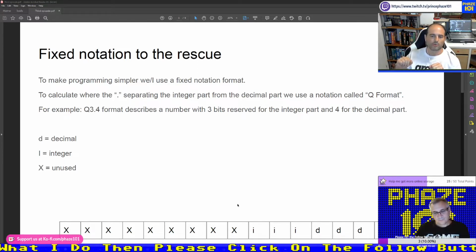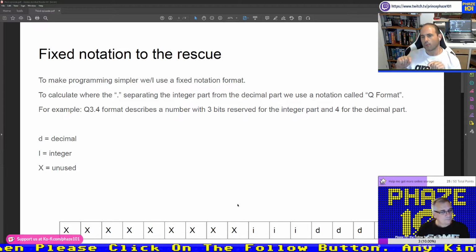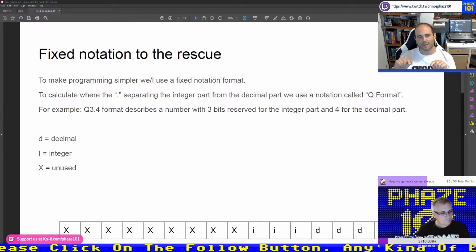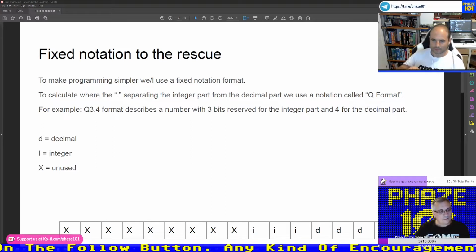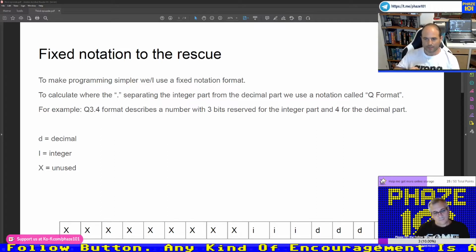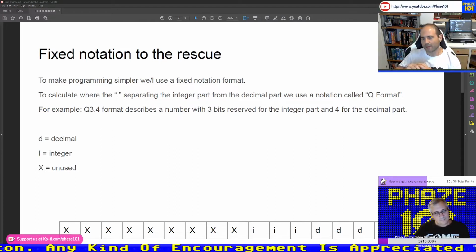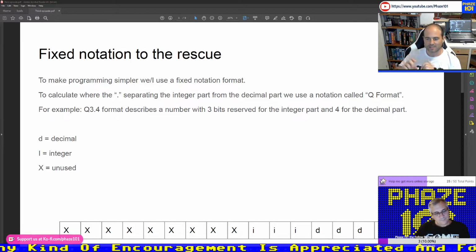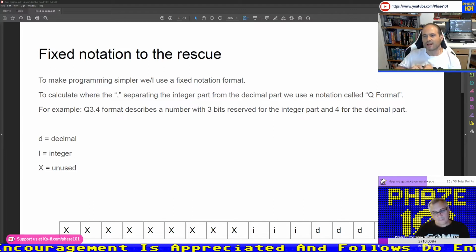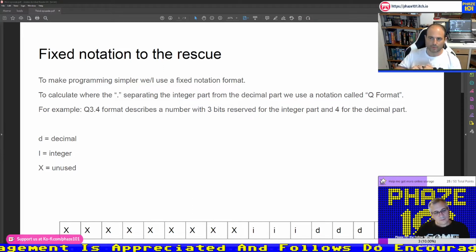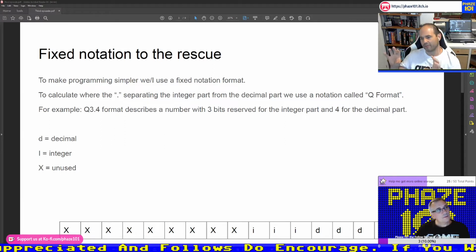So you store 001 where you see the I. Then on the right we have 4 bits that I marked with the D, and these are meant to represent the .5.